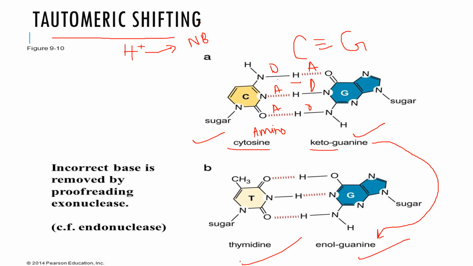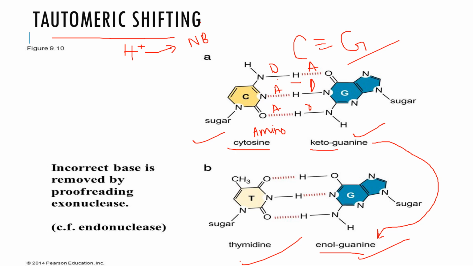Keto guanine only forms a bond with cytosine, but here it is not the keto but the enol form that is present, and the enol form cannot form a bond with cytosine.